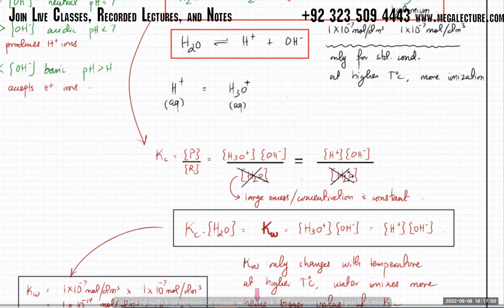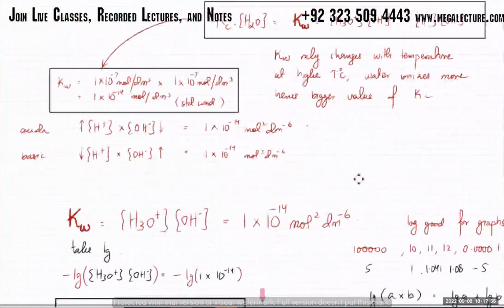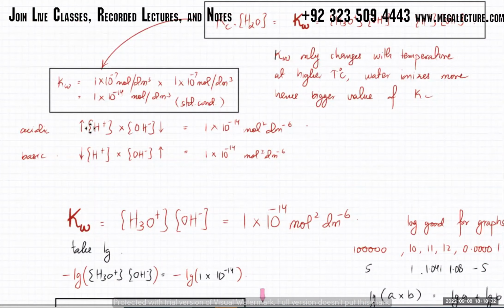Anything that's in excess is not written in the expression. I did explain the value of Kw: Kw has a value of 1 times 10 power minus 14. If the water is acidic, H+ will be higher and OH ions lower, but the product will still come out to be 1 times 10 power minus 14.